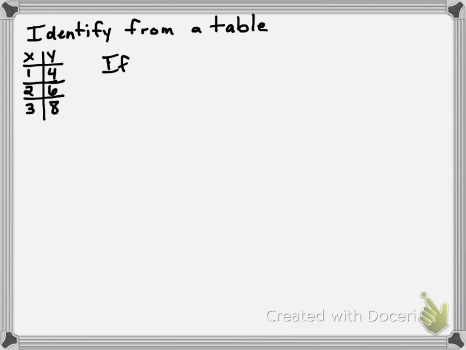Now, remember, linear just means that it has a constant rate of change. So if the table has a constant rate of change, then it's linear.